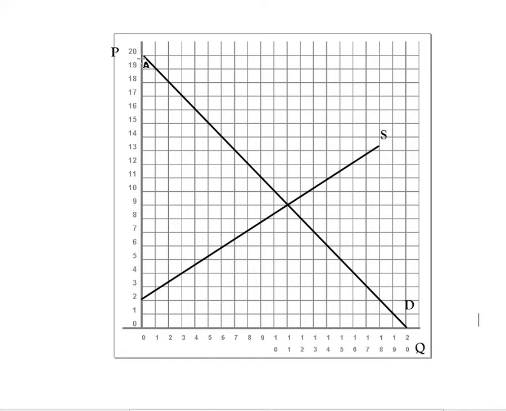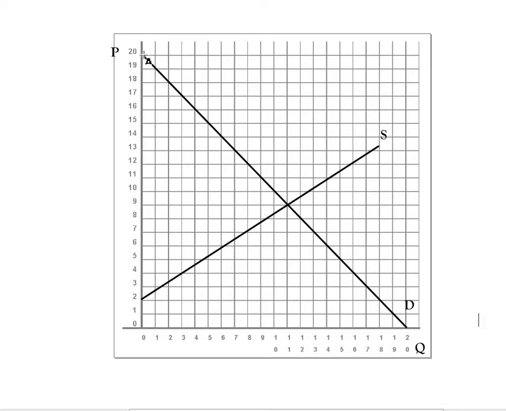And this point here, at a price of 20 and a quantity of 0, sometimes we call that the choke price. It just means that at a price of 20, this person or this community or this town will only buy 0, right? They won't buy any of this product, or they don't want to buy any of this product at a price of 20.